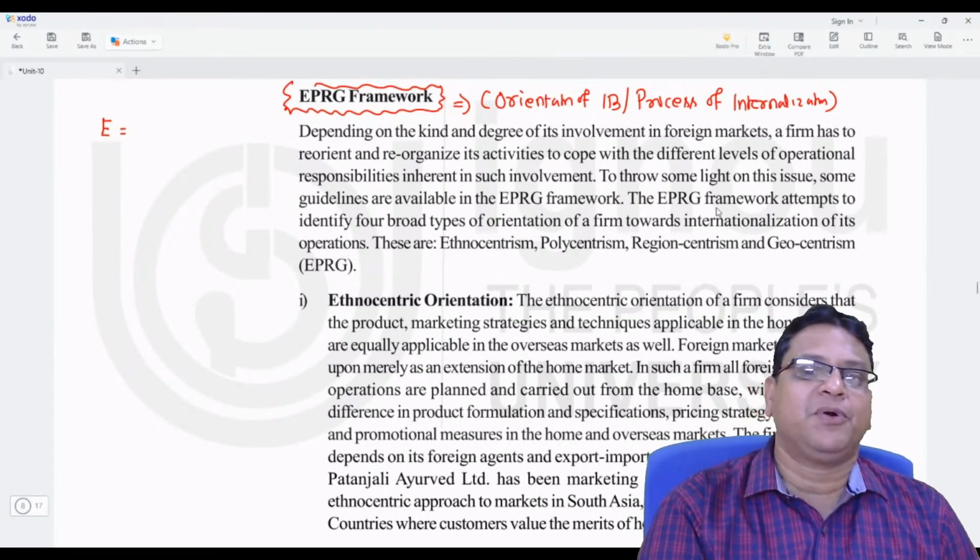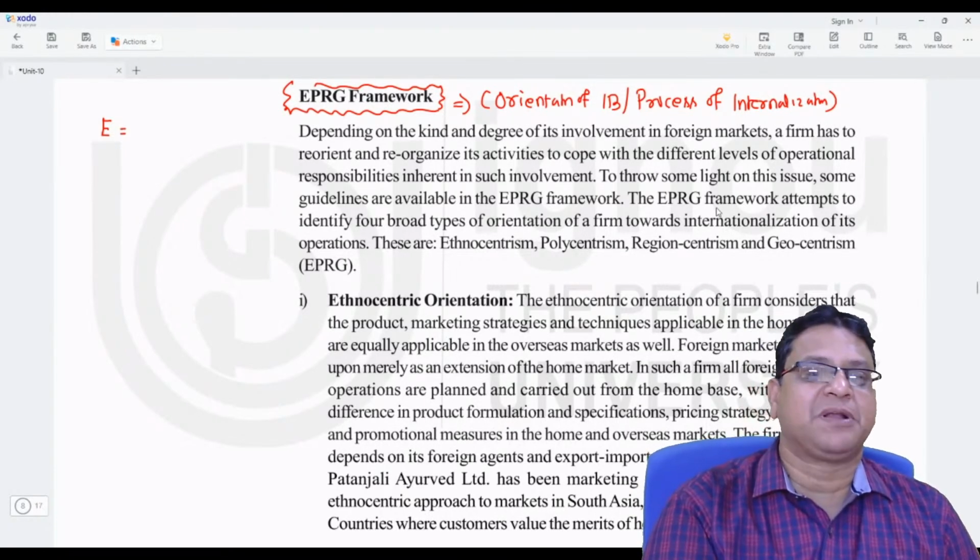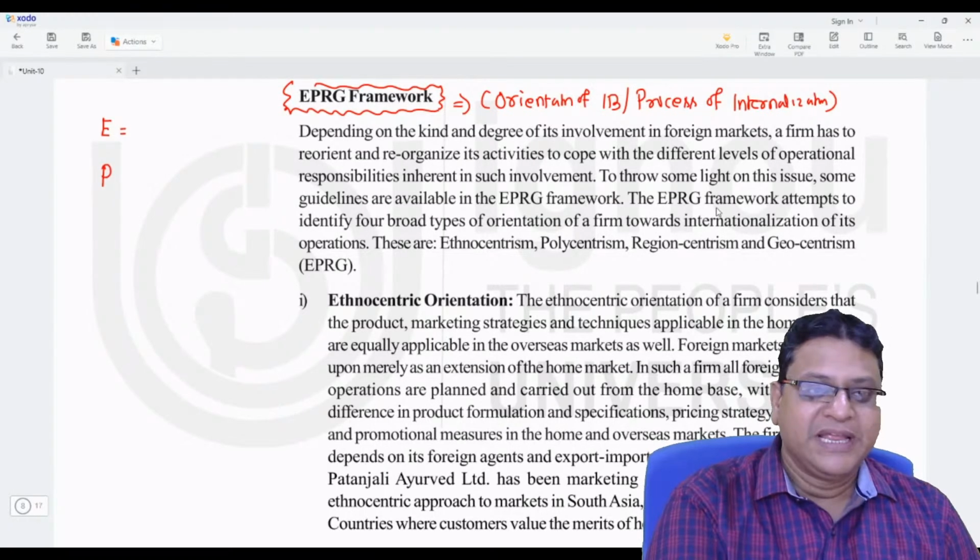The most important model is the EPRG framework. E stands for ethnocentric approach.